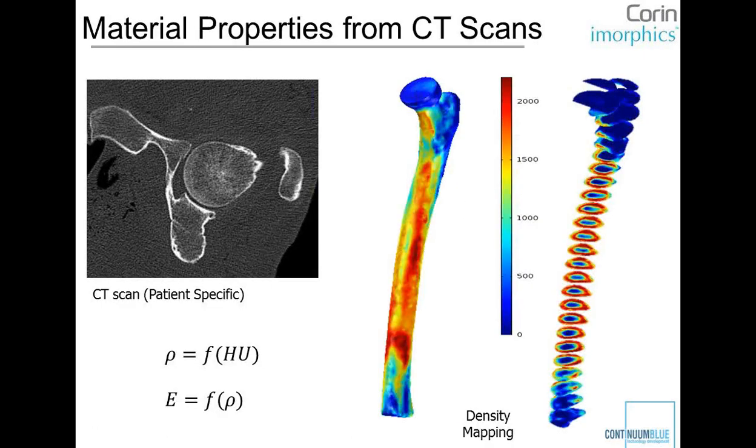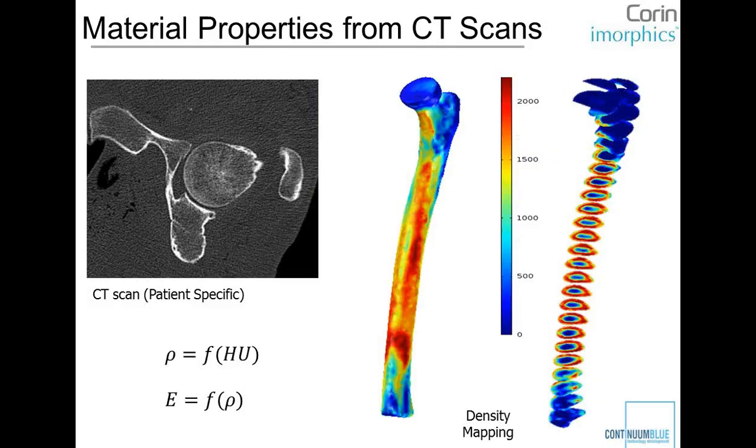In this case, CT scans come in a grayscale representation, as shown in the left-hand image, in Hounsfield units, or HU. Depending on the scale of the gray region or the color, you can get a function of density, where density is a function of Hounsfield units. Additionally, you can make Young's modulus a function of density.